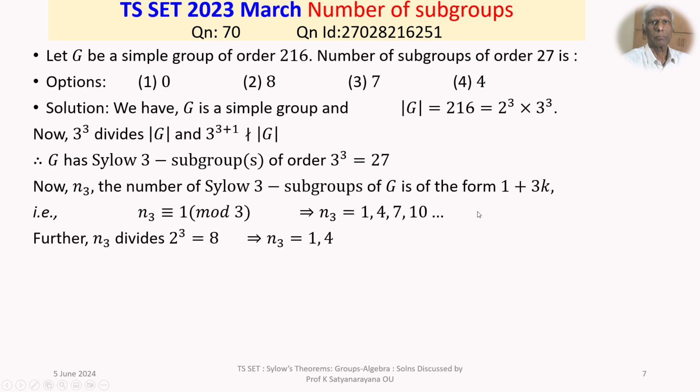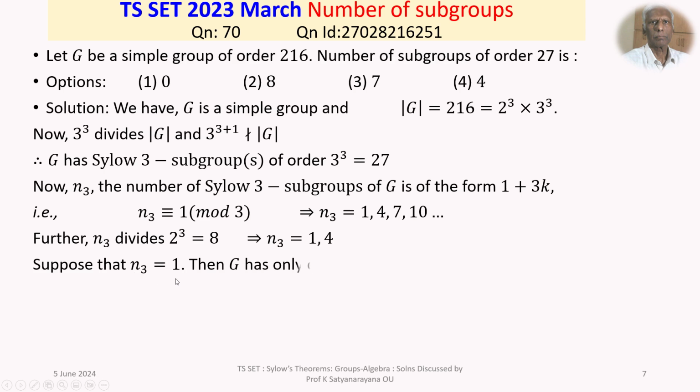N3 divides 8 means N3 is 1 or 4 only. So these two put together, N3 is congruent to 1 mod 3. These are the possibilities. From among this one, N3 divides 8, that is N3 is equal to 1, 4.